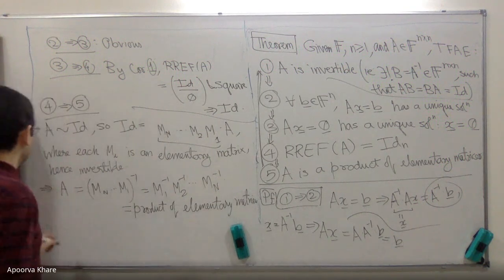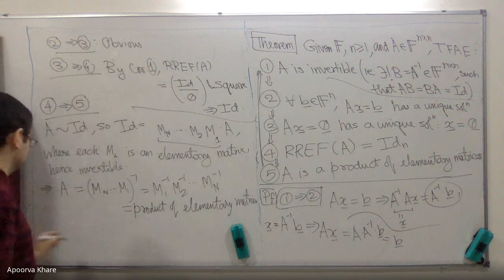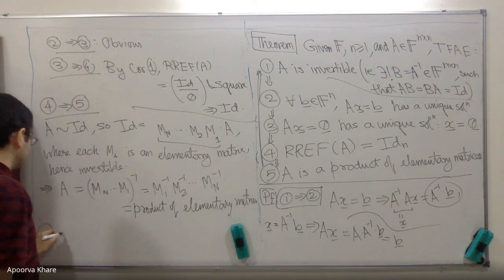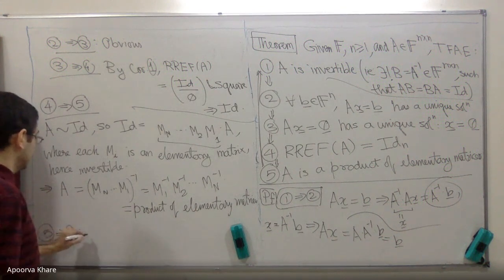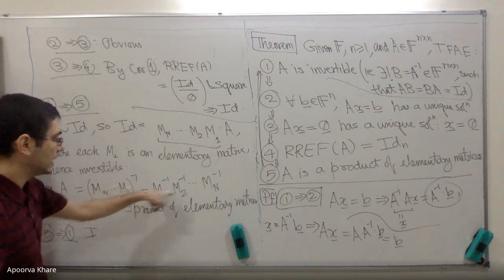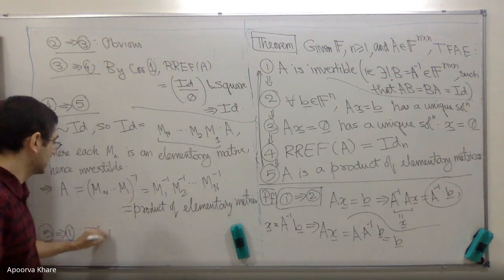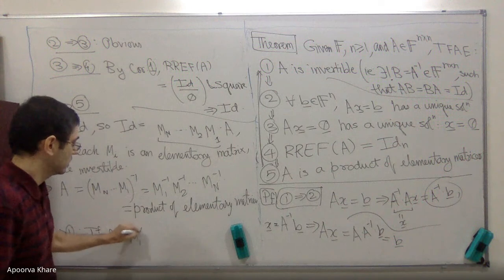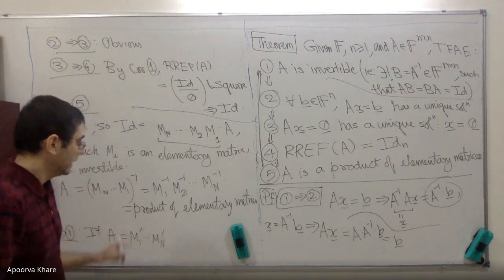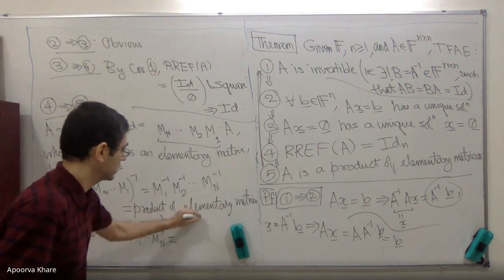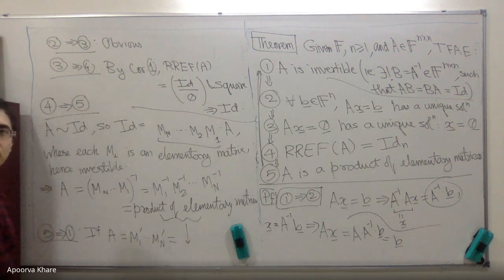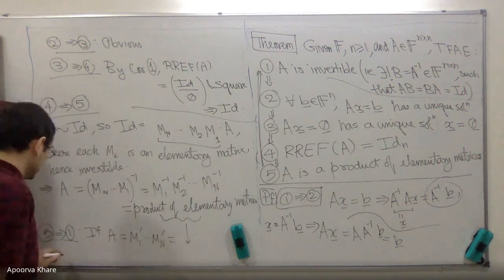Okay. And finally, 5 implies 1. But that's exactly the same as 4 implies 5 in some sense. Let's write down A equals M1 prime, M2 prime, up to Mn prime, a product of elementary matrices. Then each of them is invertible.